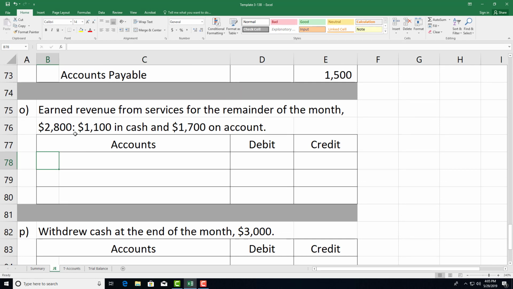Transaction O, earned revenue $2,800, $1,100 in cash, $1,700 on account. Again, I like to start with cash when it's there. So I know we're increasing cash. We received cash. We also got an account receivable for $1,700.